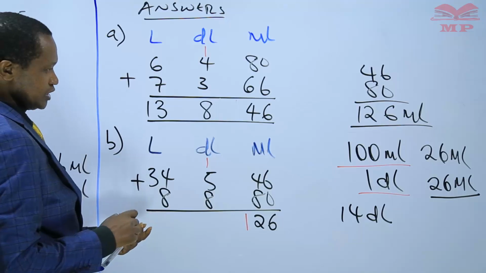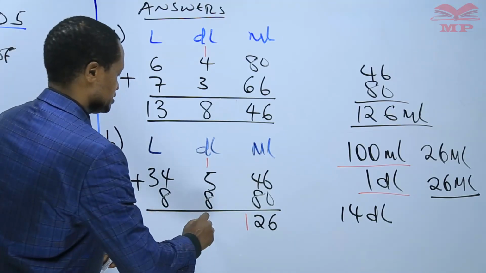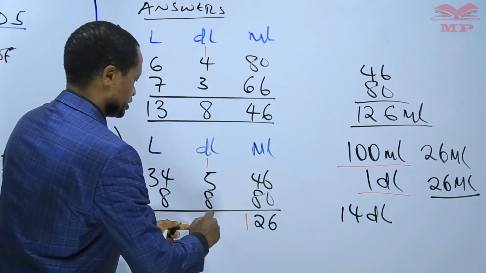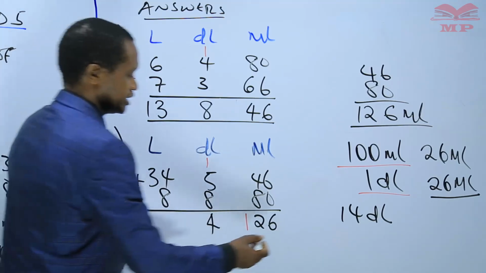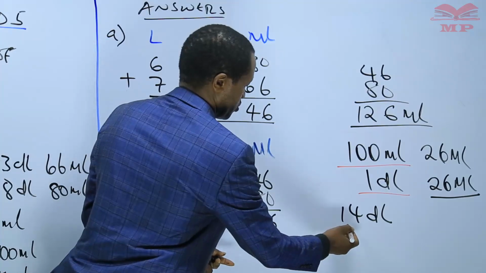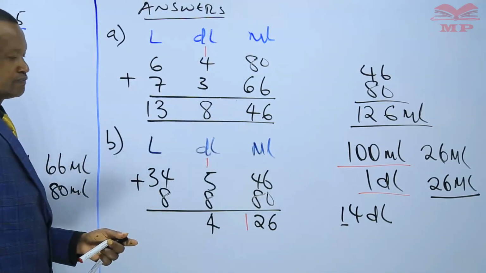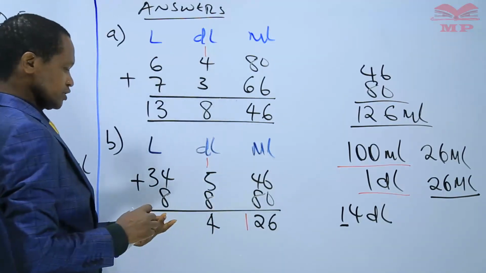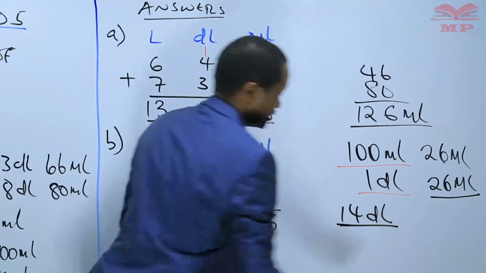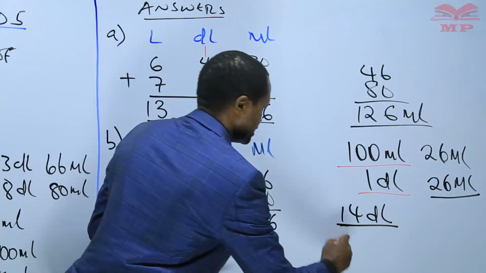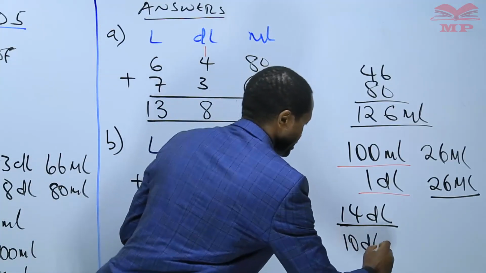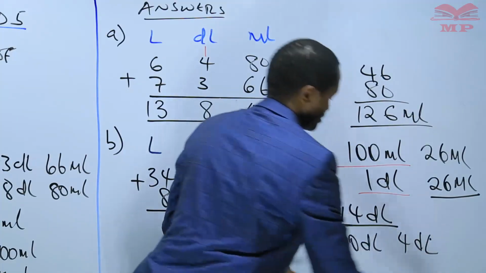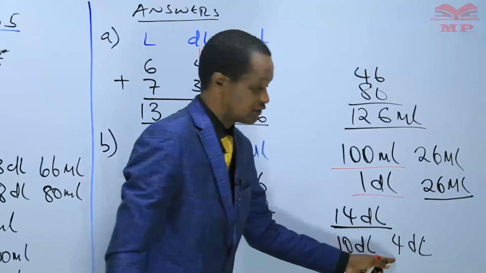So we are not going to write 14 here. We will write 4, then we carry this 1 liter, because 14 deciliters can be written as 10 deciliters and 4 deciliters.